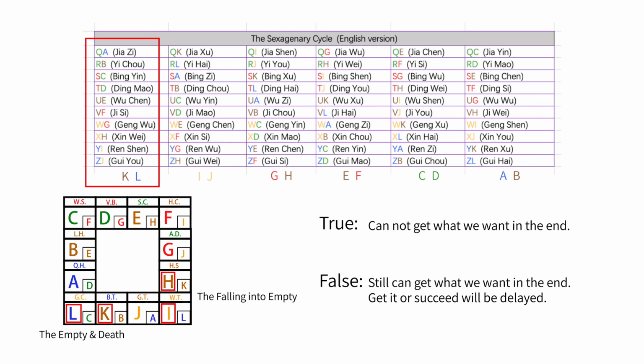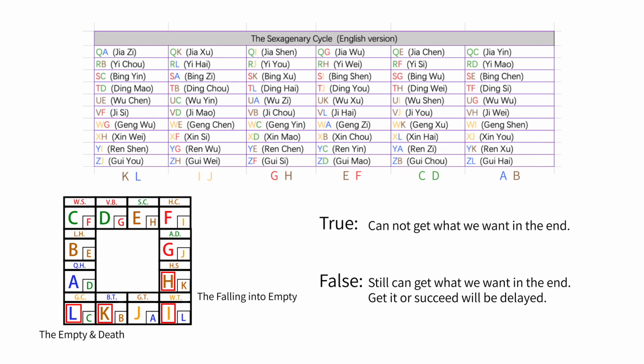How to judge whether the empty and death is true or false in a certain course? Various books introduce various formulaic summaries, but in my practical application, these formulaic judgment methods are inaccurate. We cannot use rigid criteria to determine whether the empty and death is true or false.